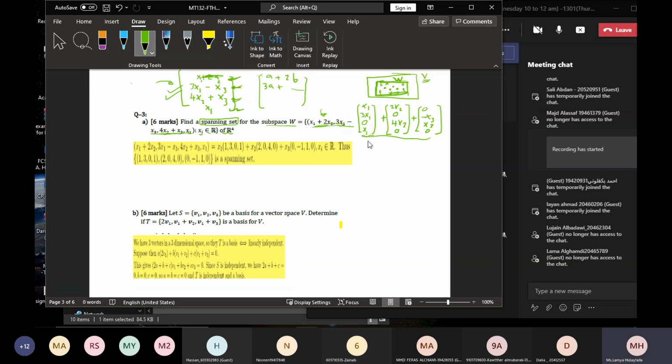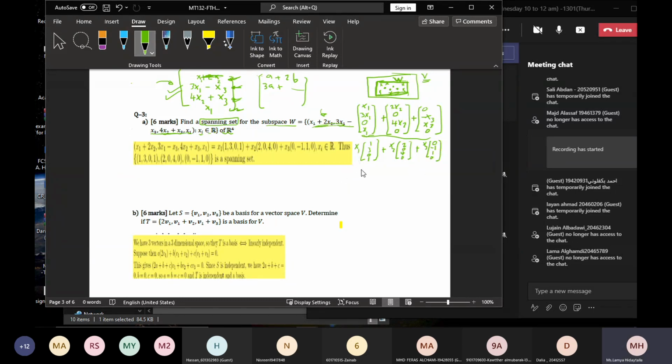Okay, and now if I take the x1 as a common factor, it's going to be x1 multiplied by (1, 3, 0, 1) plus x2 multiplied by (2, 0, 4, 0), and then plus x3 multiplied by (0, -1, 1, 0).